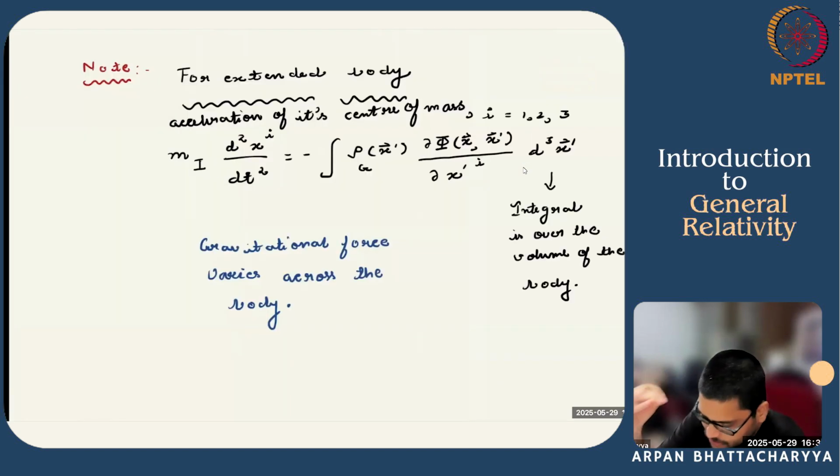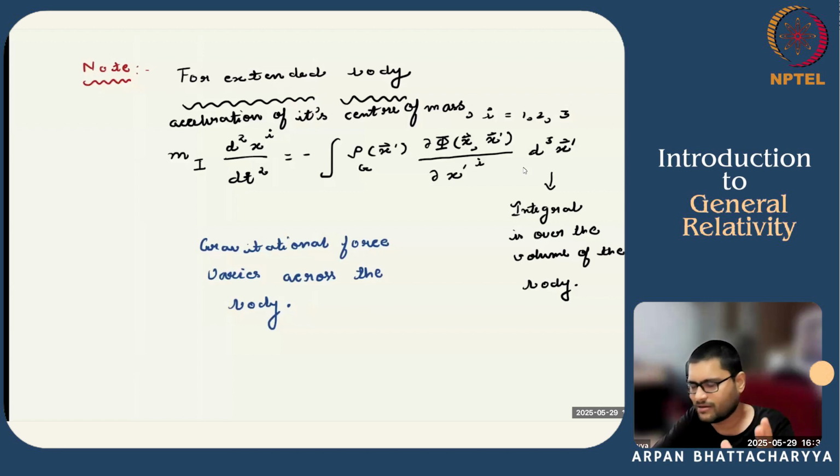But remember, typically the gravitational force varies across the body. So this thing is not a constant. We cannot take it outside of this integration. The only special case is the spherical body, where we know the potential due to a spherical body is the same as that of a point particle of the same mass located at its center. But except for that, for any arbitrary body which is not a spherical object, typically it is so.